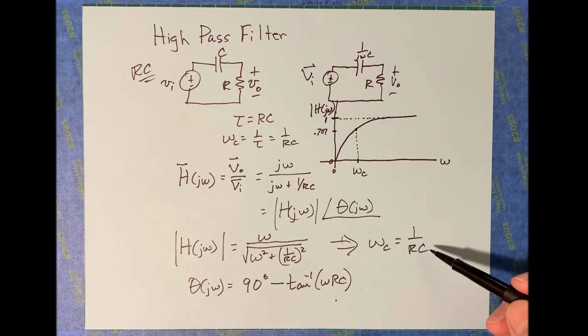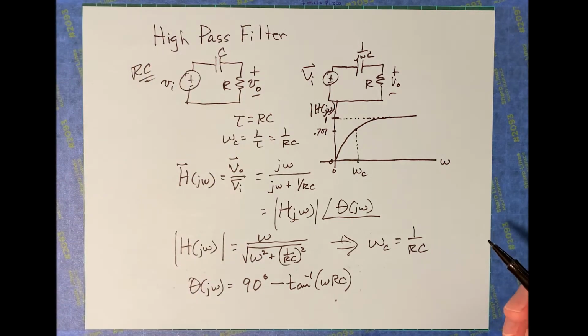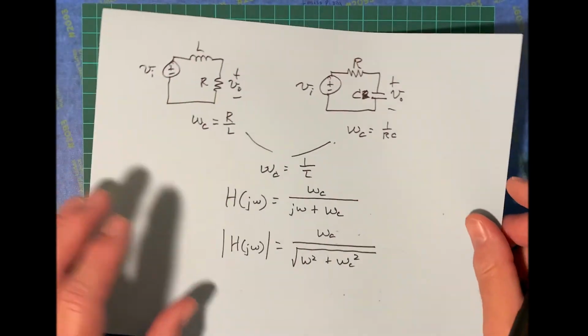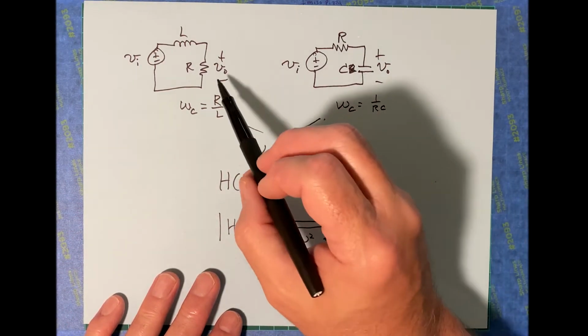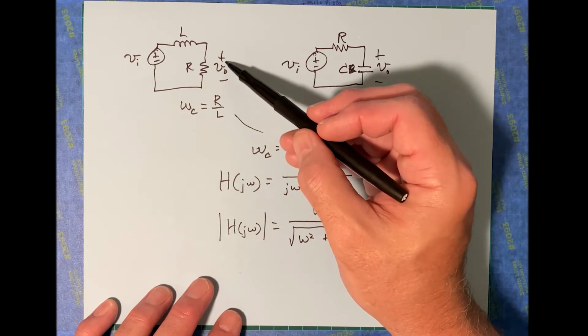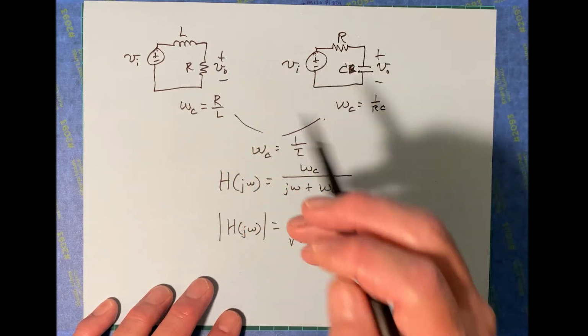Okay. Now, that was for the RC. As you can imagine, since we did an RL first, you can also do that. So let's see. Here was the RL. We were measuring the output across the resistor. Well, now you measure the output across the inductor, and it becomes a high-pass filter.